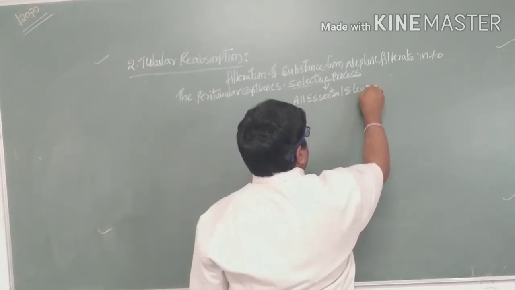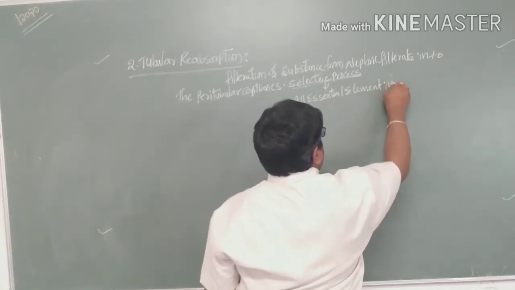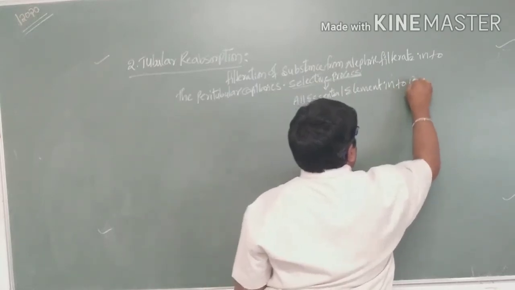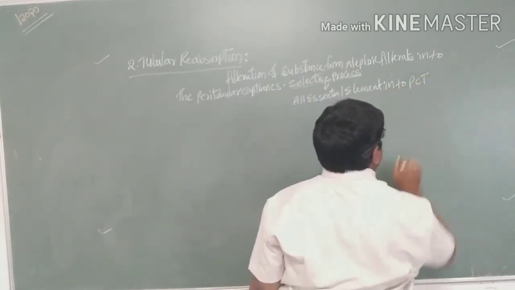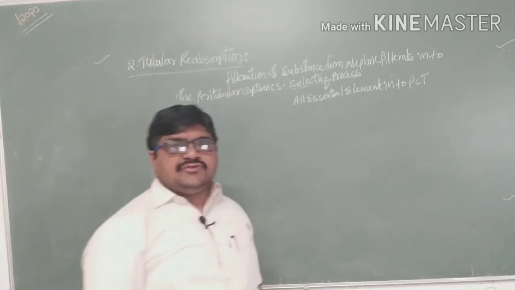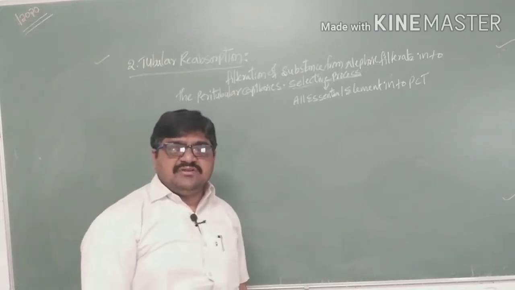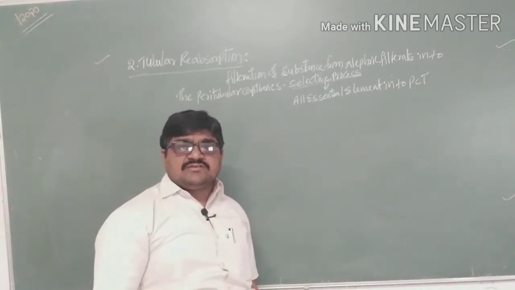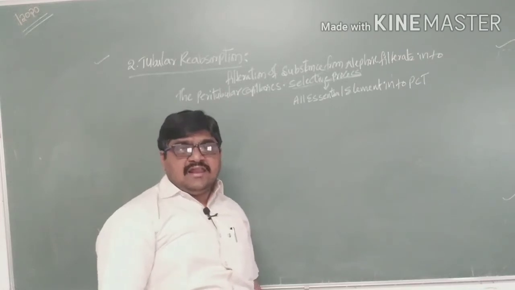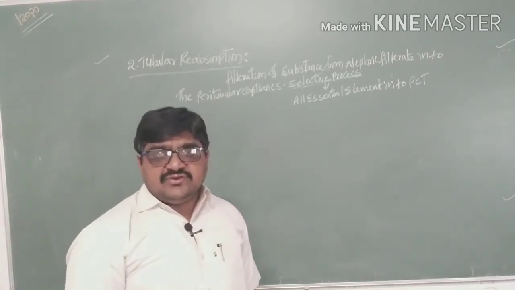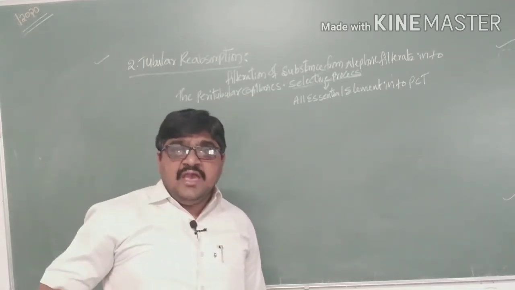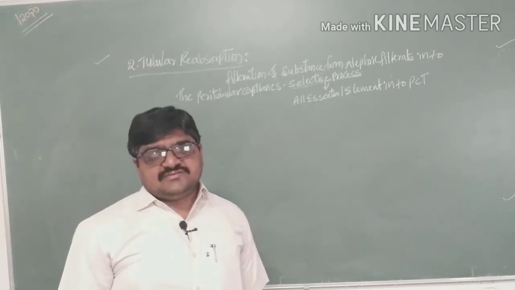are absorbed into the PCT, that is the proximal convoluted tubule. All essential elements are absorbed into the proximal convoluted tubule, and other elements are absorbed in different regions of the nephrons.